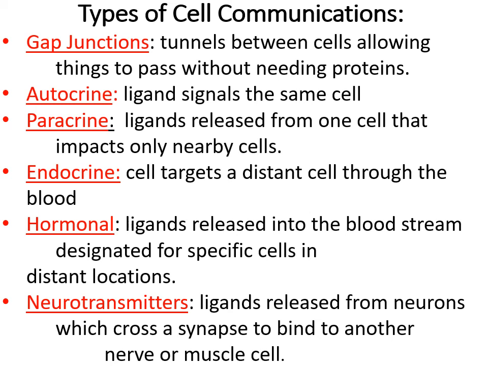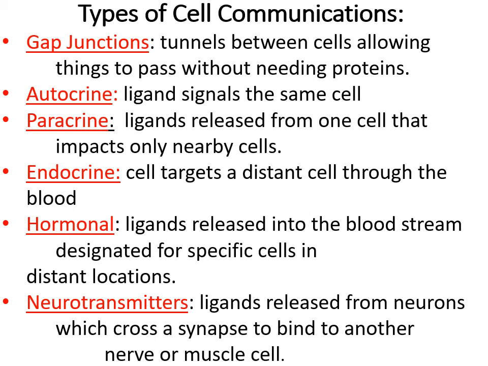So endocrine organs release hormones to go into the bloodstream, and there's many examples that we'll come to in other modules. Okay, so how do cells communicate with each other? Well, they can be attached directly to each other with gap junctions, which are just tunnels between cells, allowing molecules to pass between them.